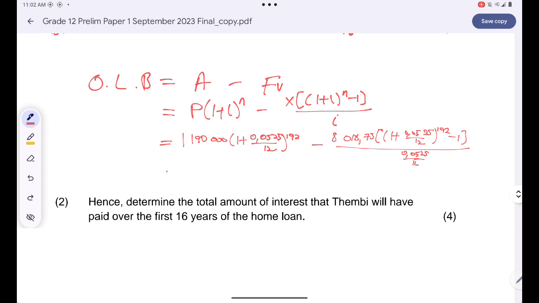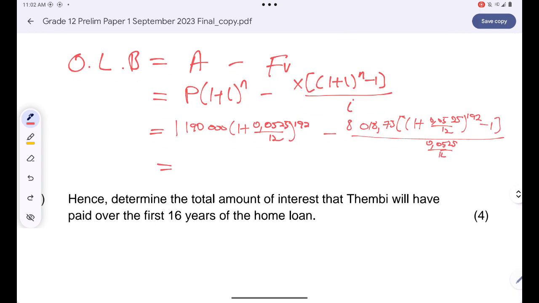So these will simply give me the outstanding loan balance.